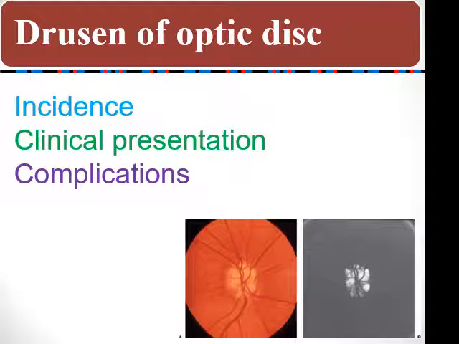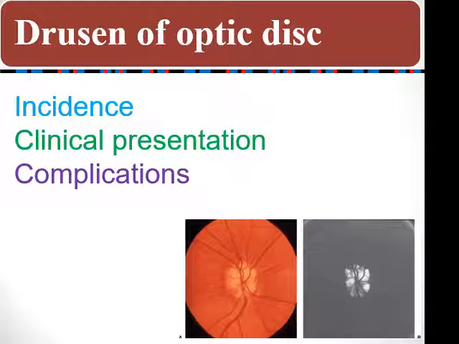It's crucial to identify drusen of the optic disc. Drusen of the optic disc is seen in about 2% of the general population. They are bilateral most of the time. Patients with drusen of the optic disc are asymptomatic.